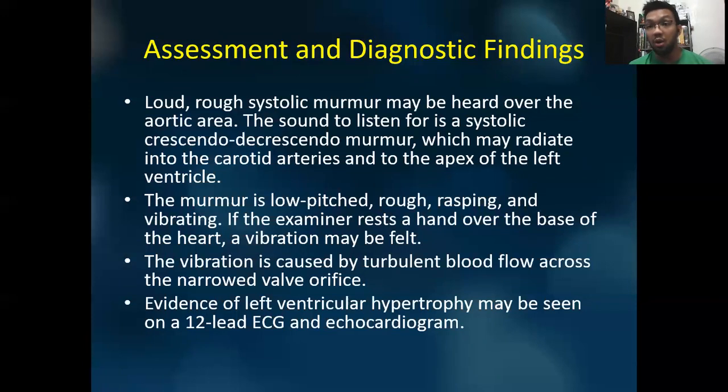If you put your hand over the base of the heart, you can feel a vibration. This vibration is caused by the turbulent blood flow across the narrowed valve orifice. So, since there is a narrowing of the aortic valve, the blood that is passing through it becomes turbulent.